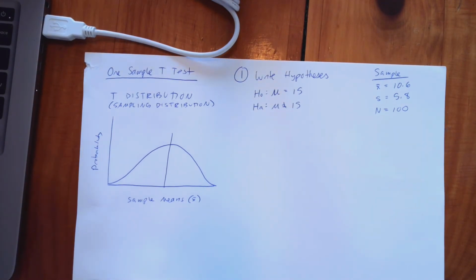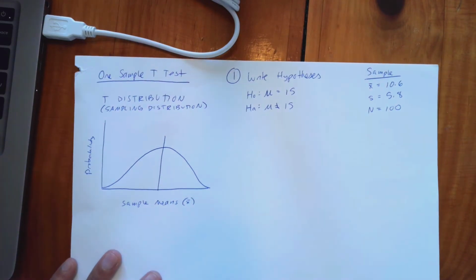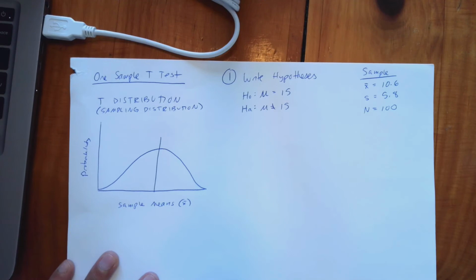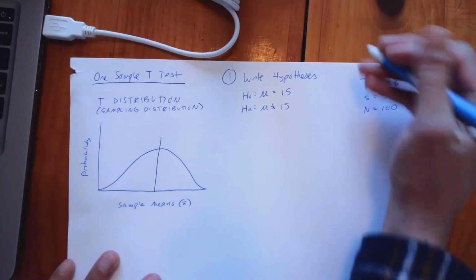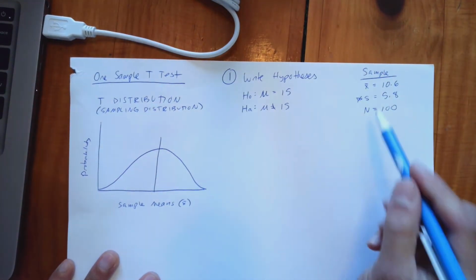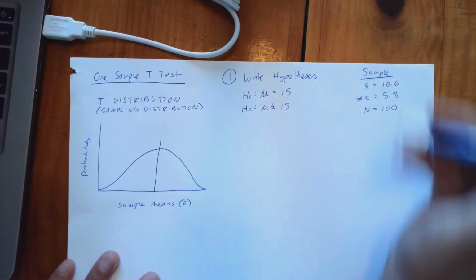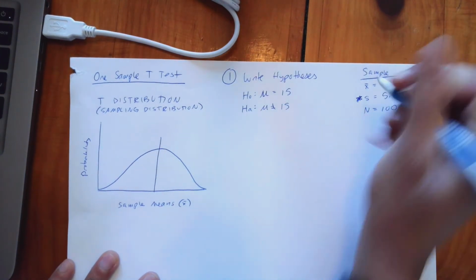Again, the main difference between normal distributions and t-distributions is that t-distributions have different shapes for different sample sizes, and that's because instead of calculating them based on a population standard deviation, you calculate them based on a sample standard deviation right here. And that's just a star to highlight this. It doesn't mean anything.